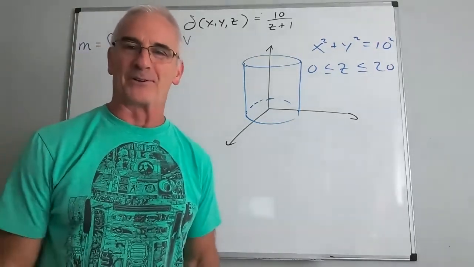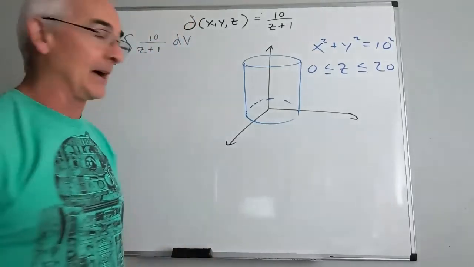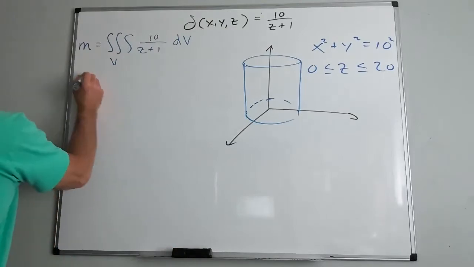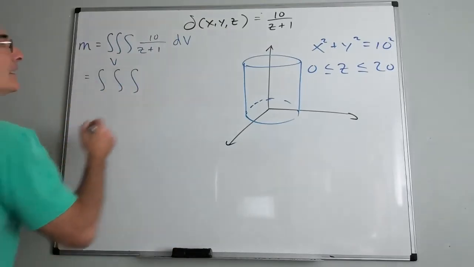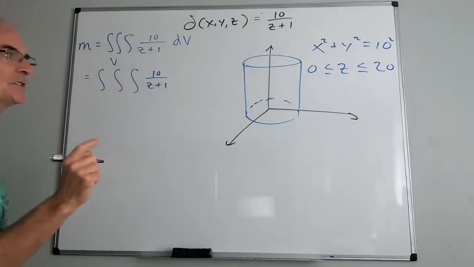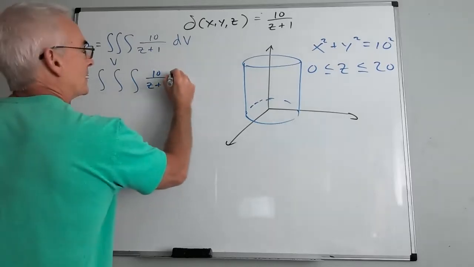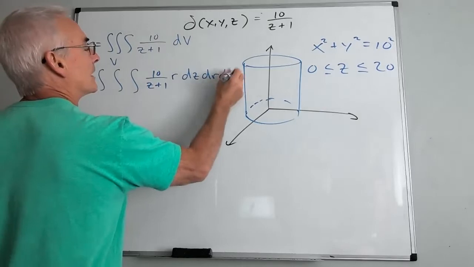That's kind of the no-brainer in this case. I have to do a triple integral. There's no way around it. So that means polar in x and y. Now, that's not changing, but because I'm switching to cylindrical, I'm going to have the r dz dr d theta.